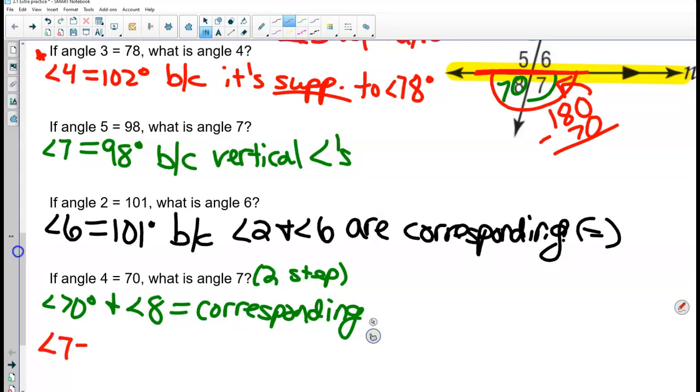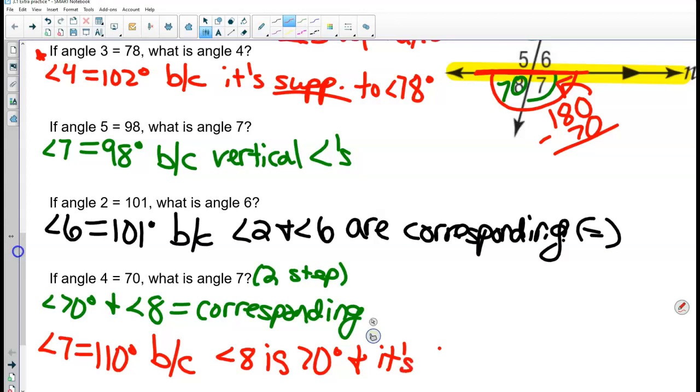So angle 7 equals 180 minus 70, which is 110. And that was because we figured out that angle 8 is 70 and it's supplementary to angle 7, which was the one we were trying to find out.